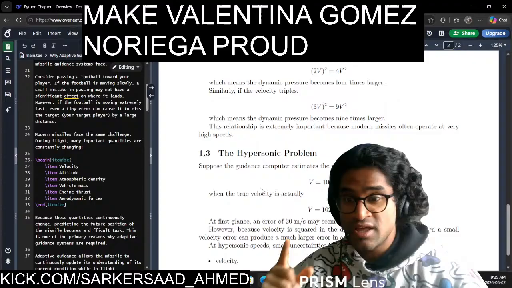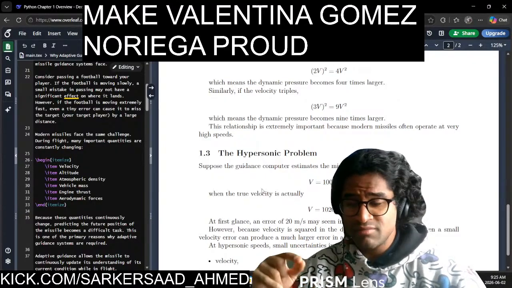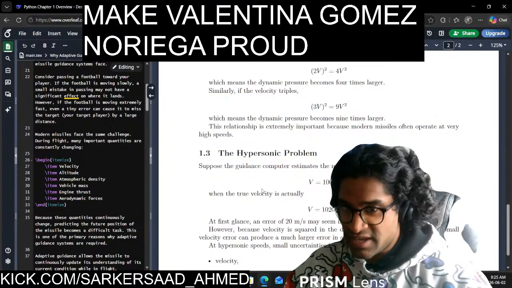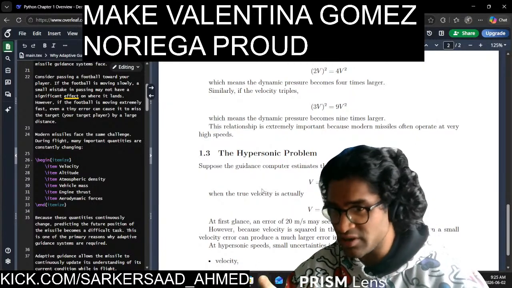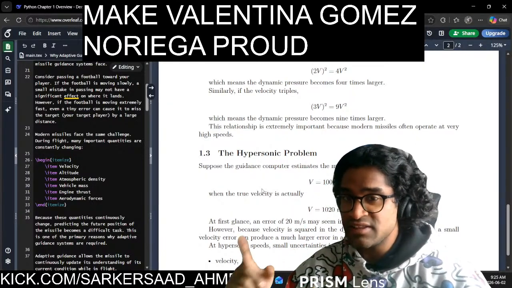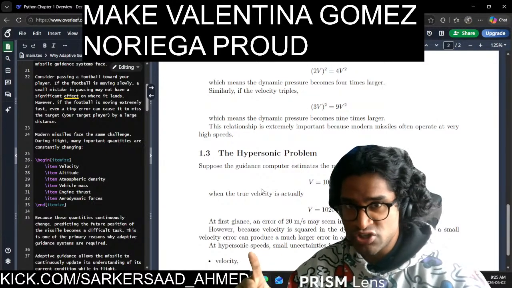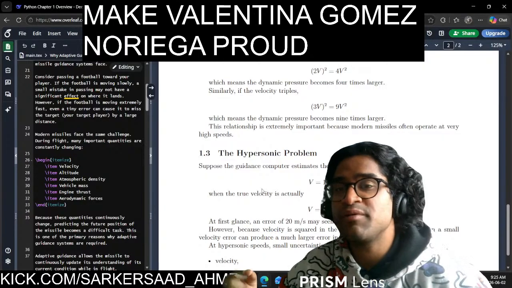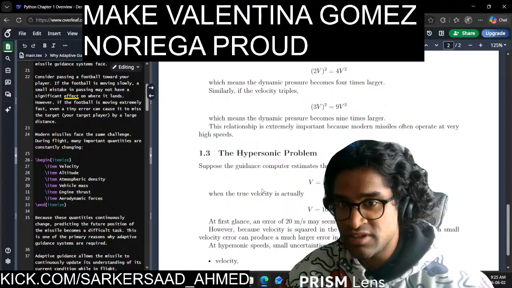I believe I have done this in the previous live stream, with a 50 meters per second error. I'm not talking about dynamic pressures, but about squaring the velocity.